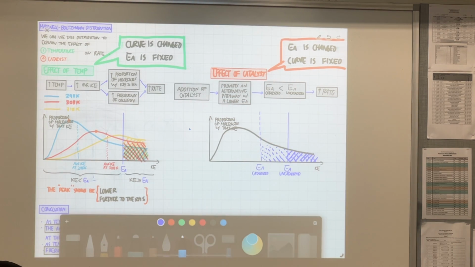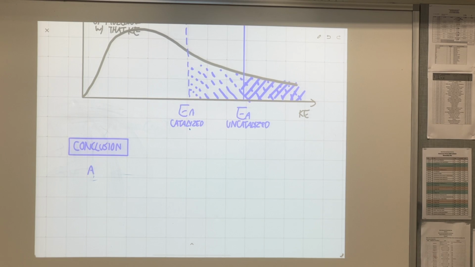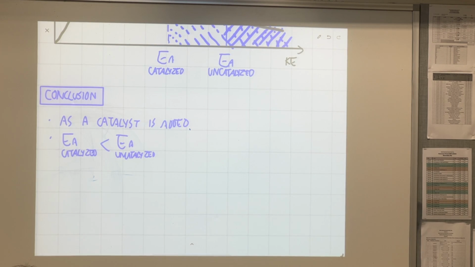Write down this conclusion below: as a catalyst is added, as you can see in the above diagram, the EA catalyzed will become lower than the EA uncatalyzed. Draw also the energy profile we described yesterday to support this.